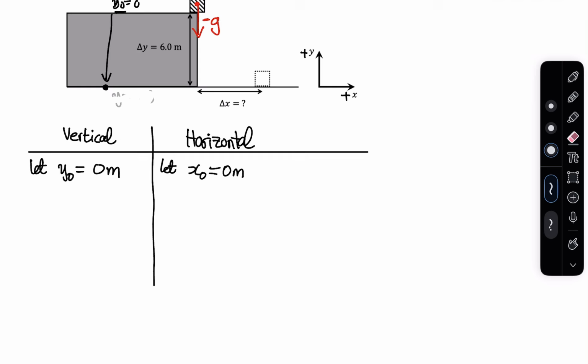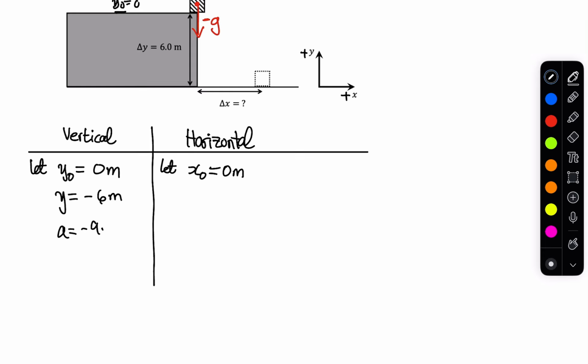So therefore y is equal to negative 6 meters. We know the acceleration is equal to negative 9.81 meters per second squared.